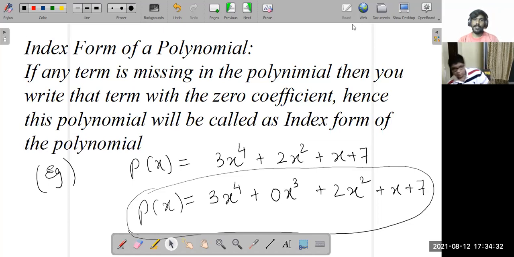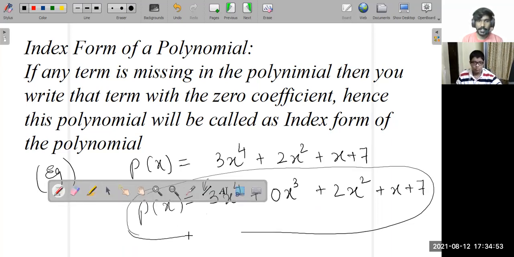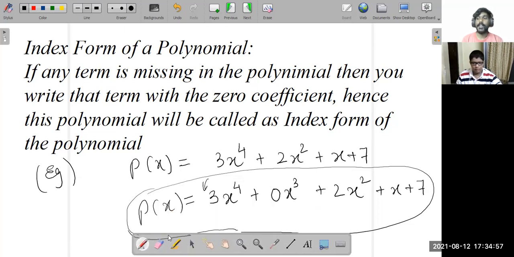So if any power term is missing, see, it has to be lower. Could you add 0 x raised to 5 before this? No, you cannot add 0 x raised to 5. You have to keep one thing in mind: powers less than the highest degree.